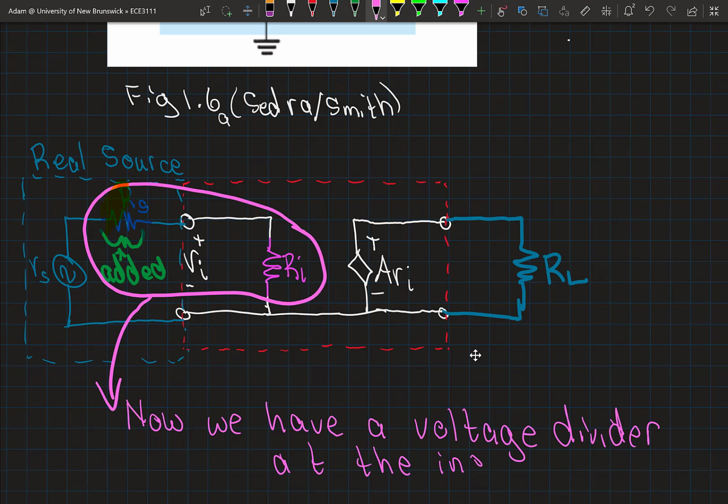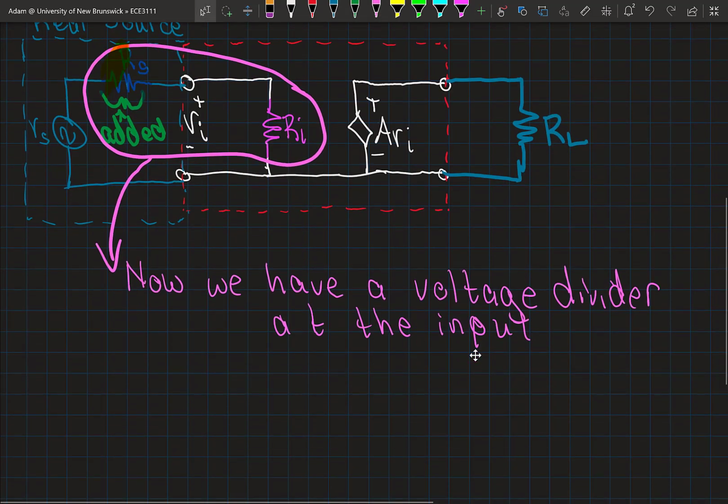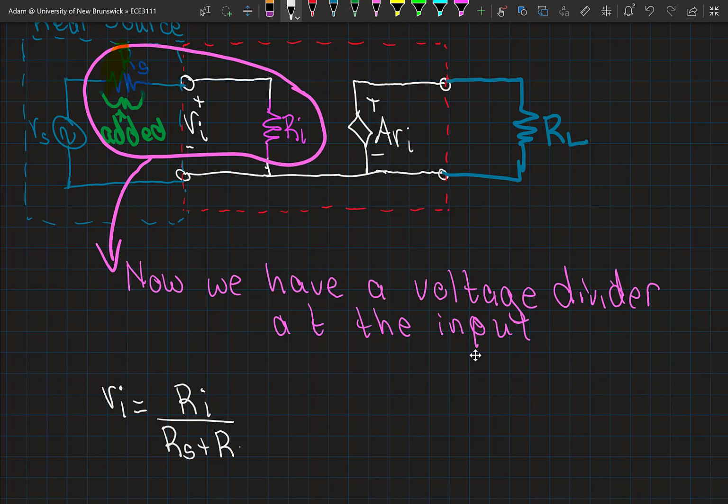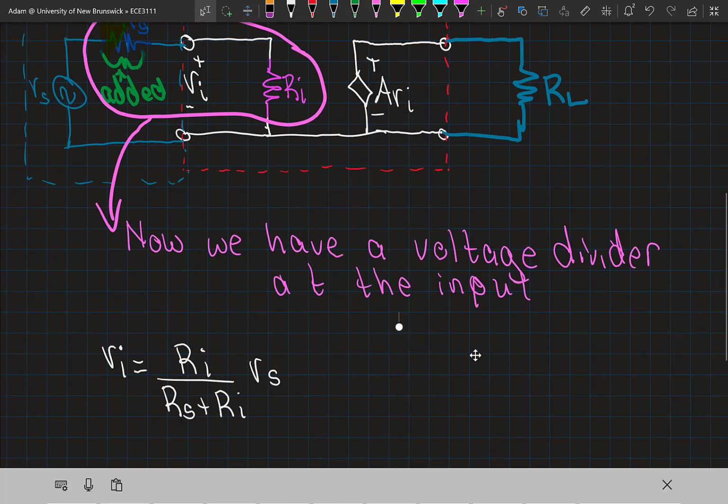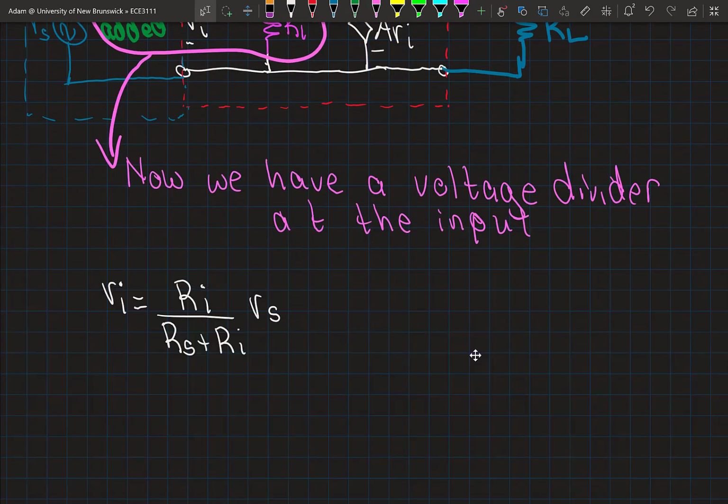So that results in the input voltage that appears at the input of my voltage controlled voltage source being some reduced version of the source voltage, unlike in the ideal case where the input voltage was exactly equal to the source voltage. So the input voltage is now equal to the input resistance divided by the source resistance plus the input resistance times Vs. Okay, simple voltage divider formula that we've seen many times before.